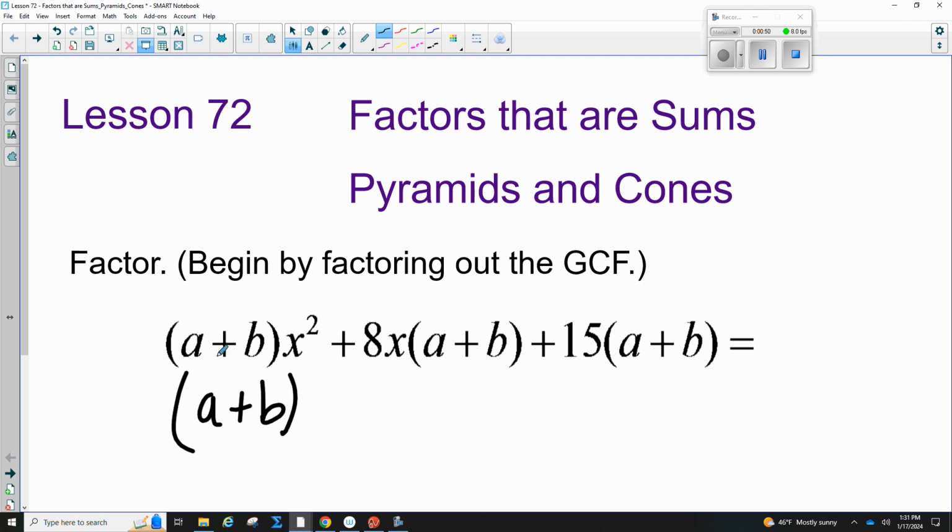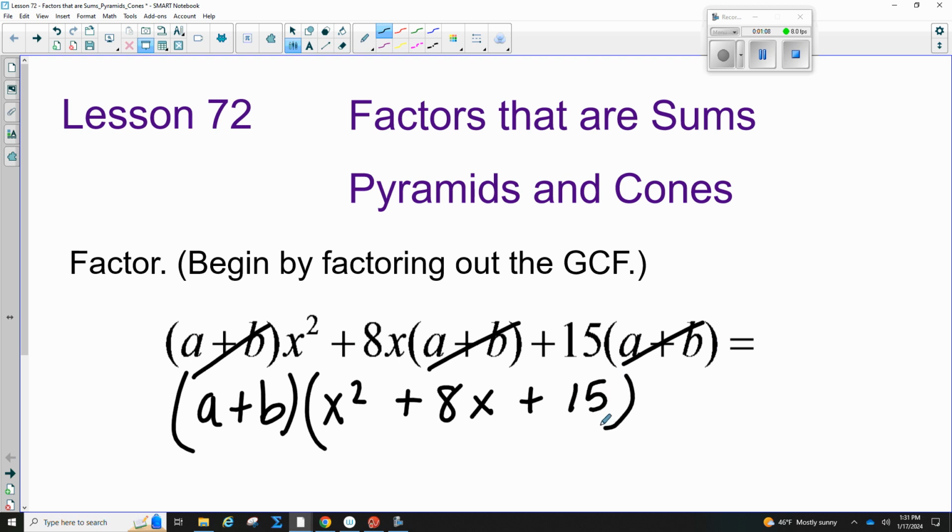It all leaves as one, just like when you take out a common m. What's left is x squared plus 8x plus 15. The a plus b just gets written one time in the front because that's the GCF.